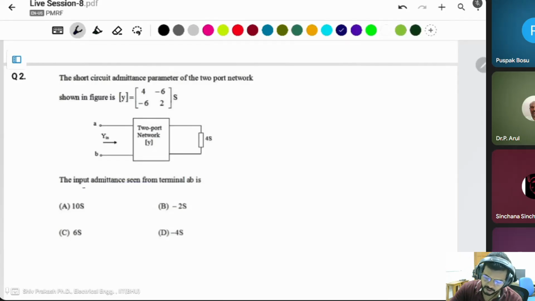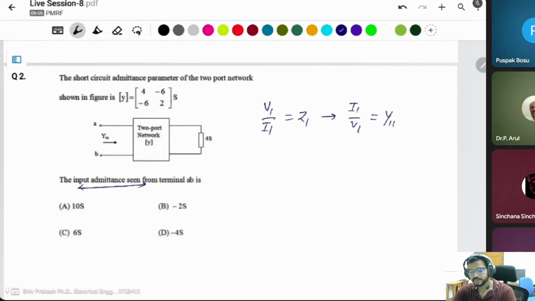Admittance is the reciprocal of the impedance. Input side, it means V1 by I1 is the impedance Z1. Then if you reverse this one, I1 by V1, this is the admittance. You can say Y11 also, because the Y parameter is given in the question.